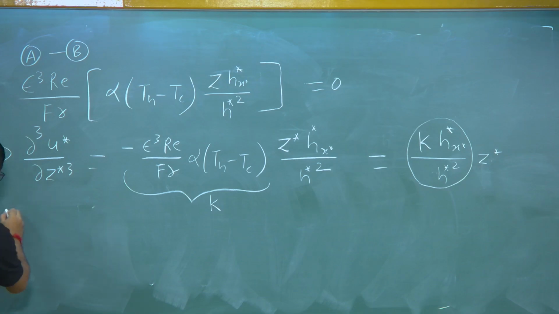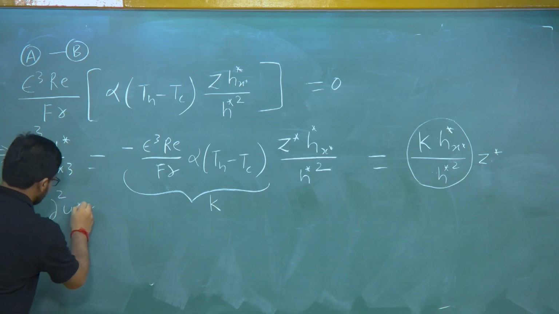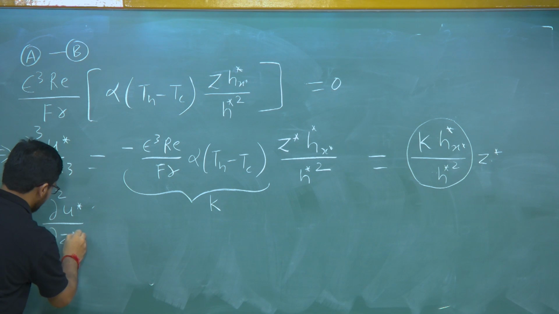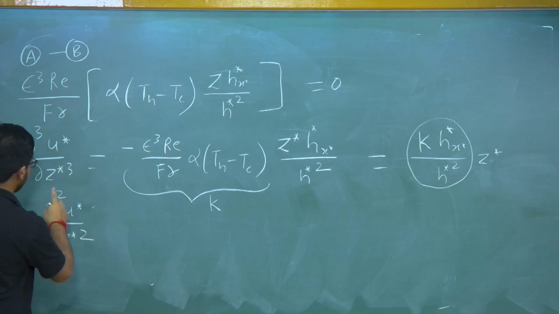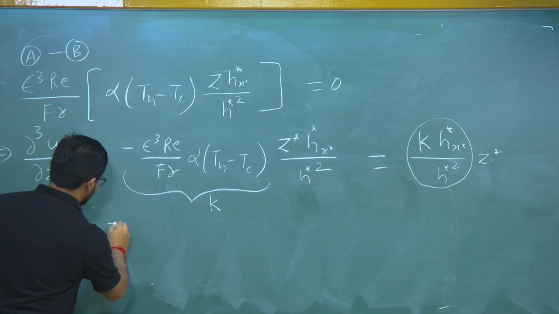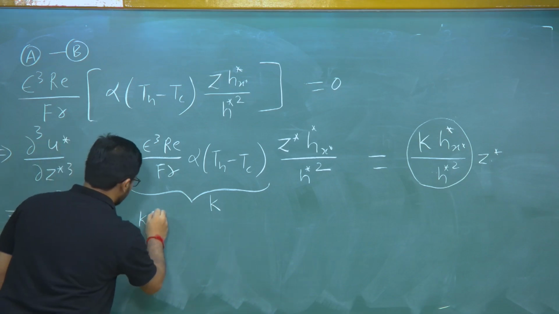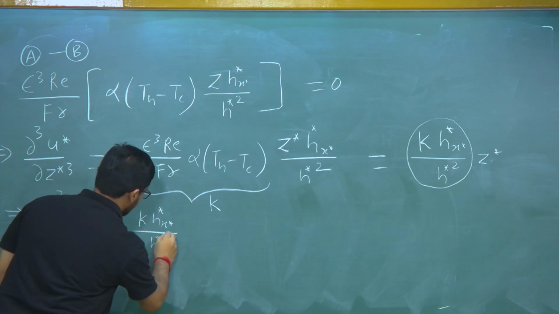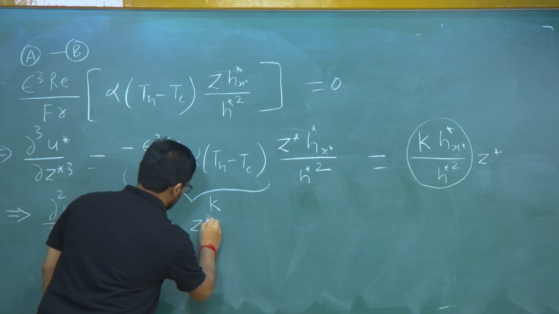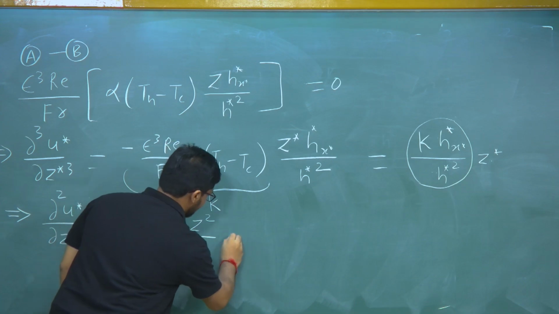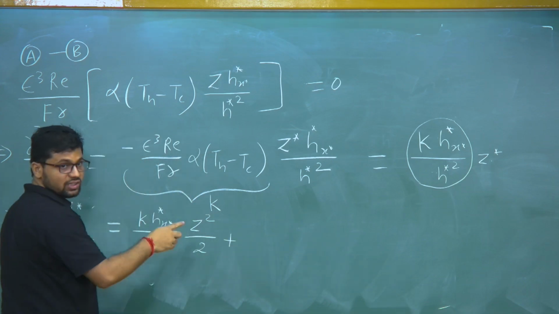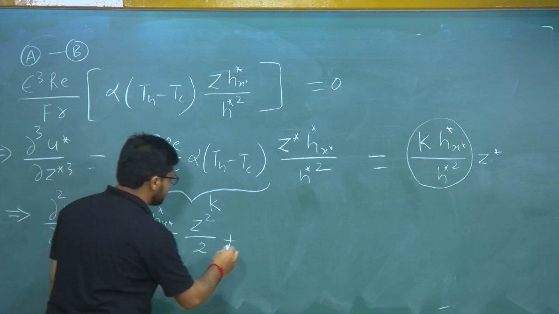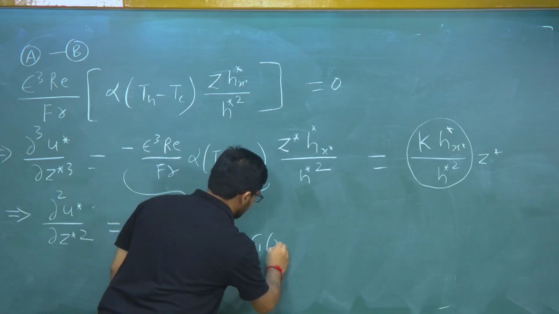Let me integrate one by one. Integrating the first time with respect to z, ∂²u*/∂z*² becomes k into h_x* upon h*² into z² upon 2, and one arbitrary constant will come, which will be a function of x because we are integrating with respect to z. Let us say that is C1 of x.